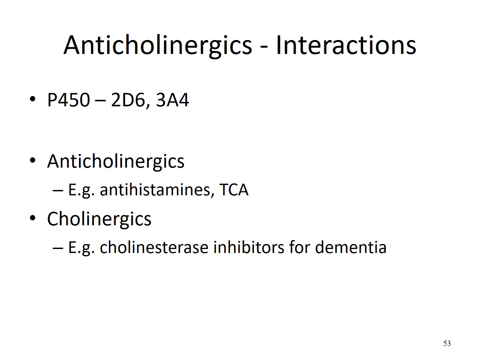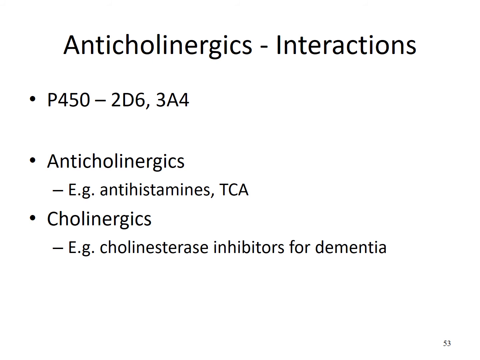This class of medications has numerous interactions. As I previously noted, CYP2D6 and 3A4 are most notable. I don't expect you to memorize this for an exam, but it is helpful in seminar if you're selecting one product over another. You might choose one that minimizes interaction with the patient's current regimen.